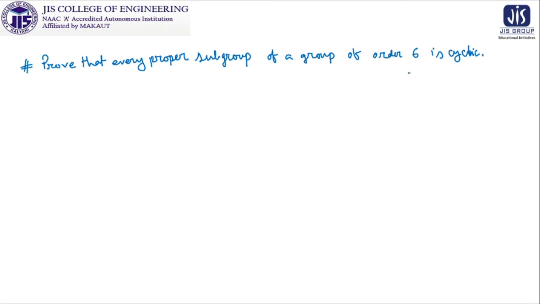It means if you take the order of H, it is going to divide 6 according to Lagrange's theorem, and the divisors of 6 are 1, 2, 3 and 6. Now as we are considering proper subgroups, we are going to consider only 1, 2 and 3.